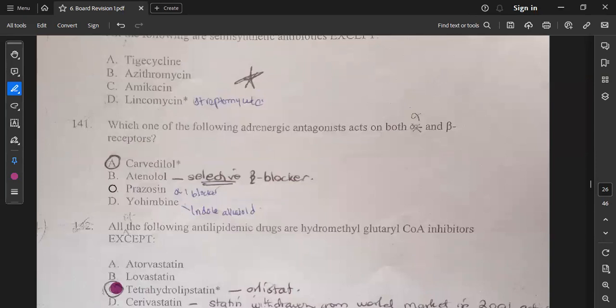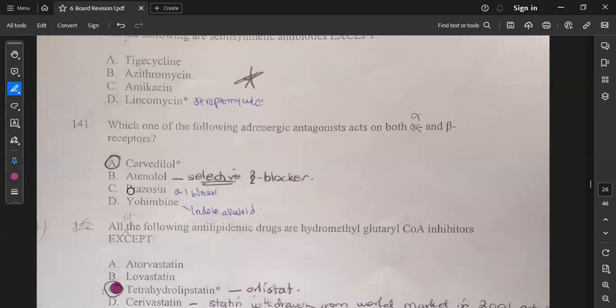Hasna is saying C. Hasna, can you take us through antilipidemic drugs? Anything you know, anything you don't. Anything you remember about antilipidemic drugs?